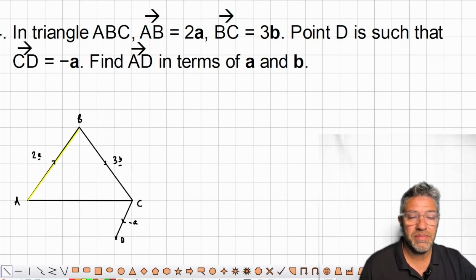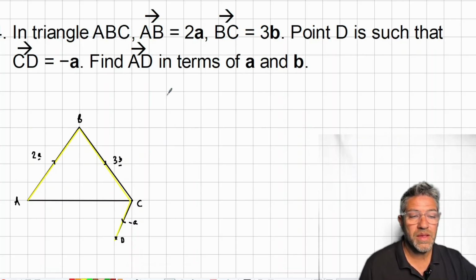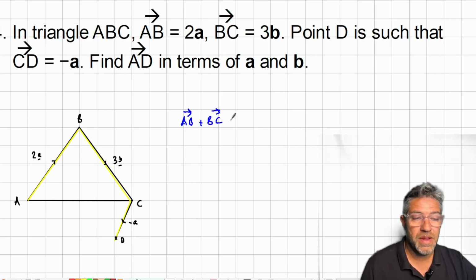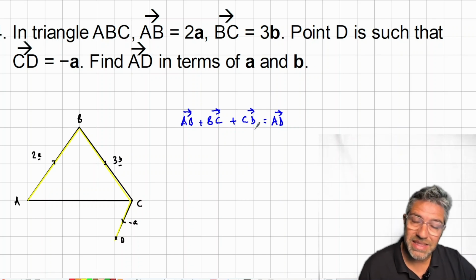So I can go up here, I can come down here, and then I can finally get to D. So I'm going to walk along A to B, then along B to C, and then along C to D. And that will give me the vector A to D. I tend to look at the first letter and the last letter, and that will give me my resultant vector.